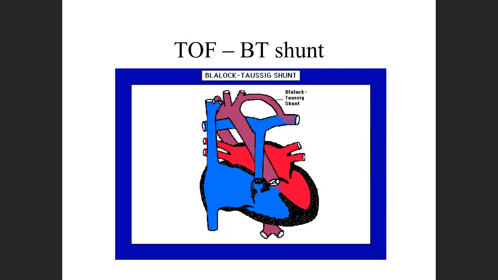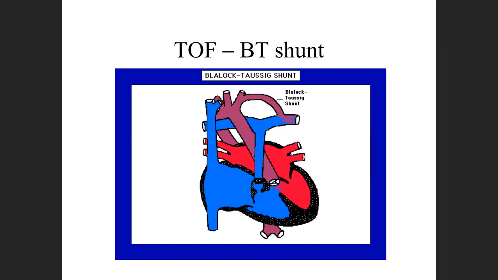You may do a shunt procedure. And in fact, what is done is a Blalock-Taussig shunt, in which the left subclavian artery is divided and the end of it is anastomosed to the side of the pulmonary artery, more frequently the left or sometimes the right pulmonary artery.